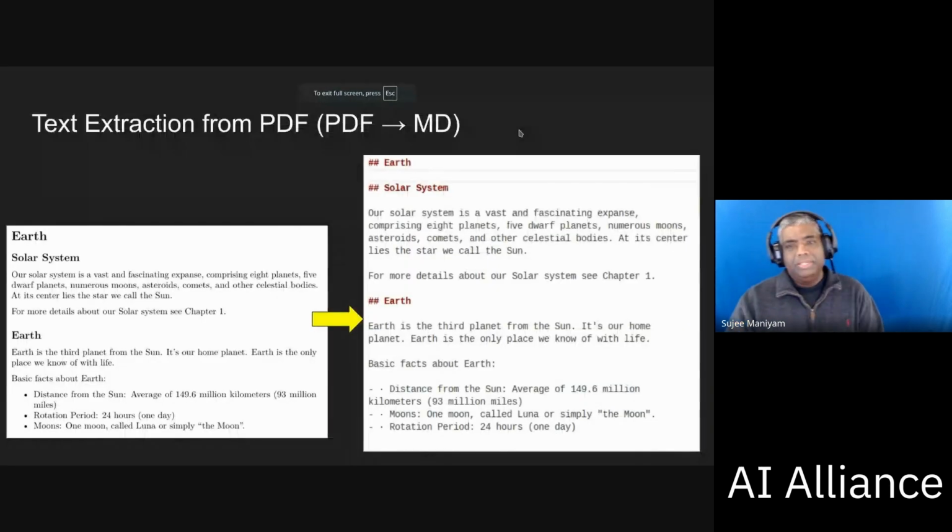Very quickly, remember the first premise: we want to extract text data from PDF and Word documents, and that's where you usually start with Docling. Here on my left-hand side, I have a very simple PDF document, and on the right-hand side, here's a markdown. You can recognize the markdown syntax, and this is just plain text.